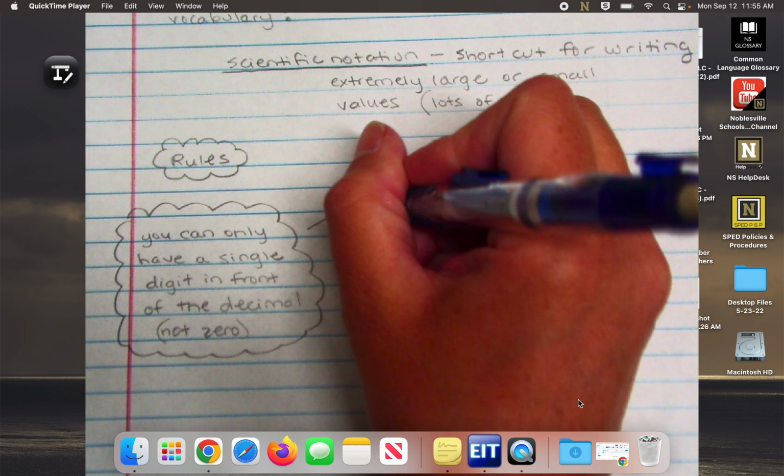Our second rule is that you are always multiplying by a base of 10. Remember, depending on the exponent, if it's positive, you're multiplying by 10. If it's negative, you're dividing by 10. But this part of the scientific notation form is always going to be a base of 10.